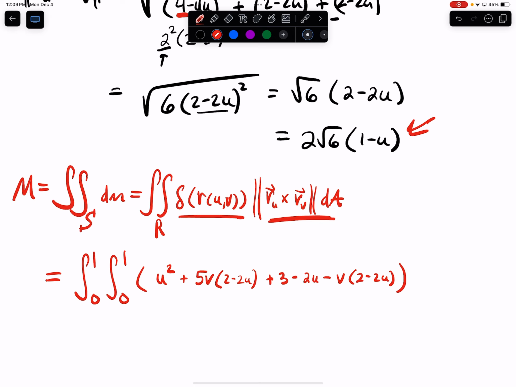So this last piece here is the piece we just found, the 2 square root 6, 1 minus u, du dv.